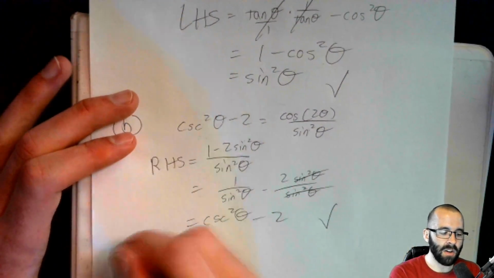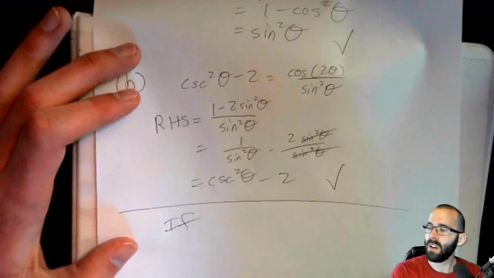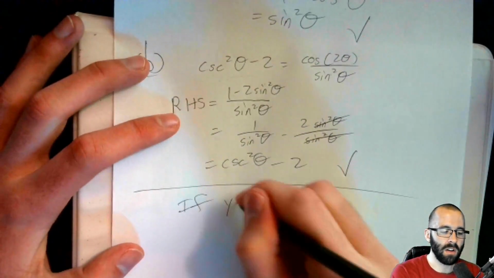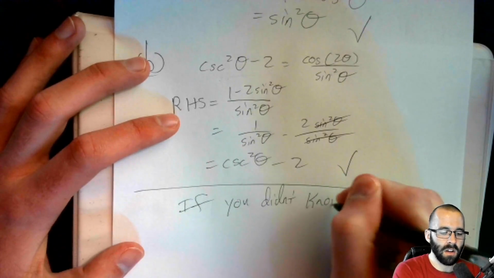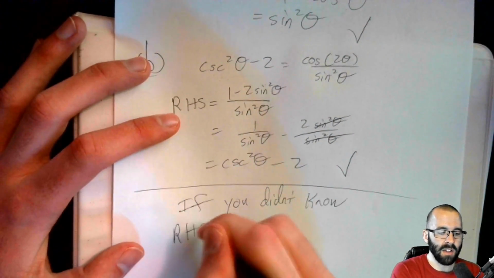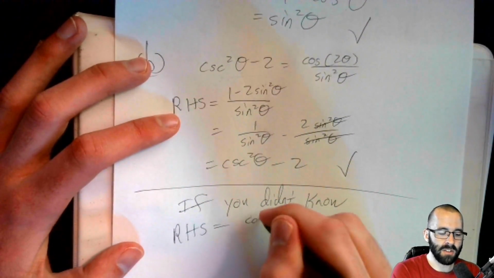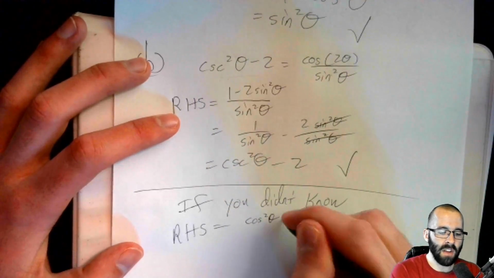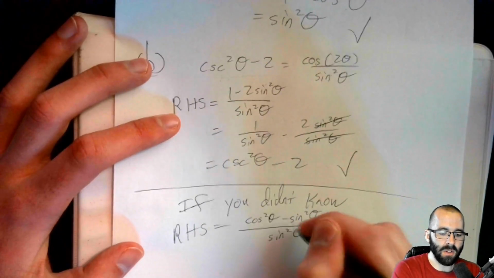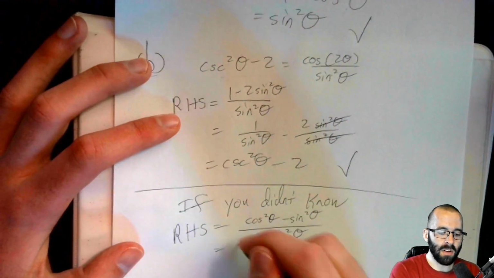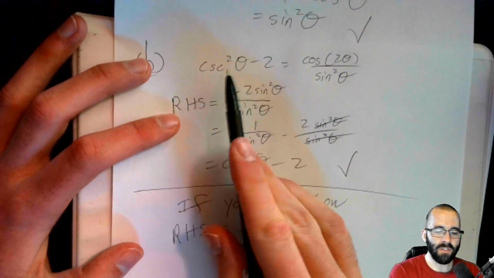So let's say you didn't know. If you didn't know, you just guess. Okay? Let's say we chose cosine squared of theta minus sine squared of theta. Well, this works too. We still split it up. Because again, we have two things.